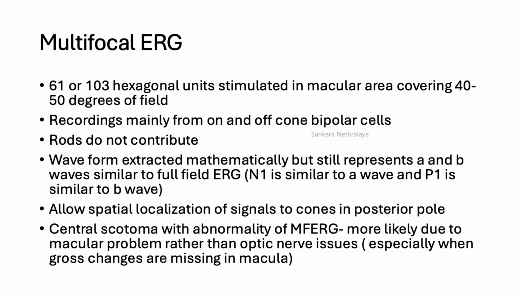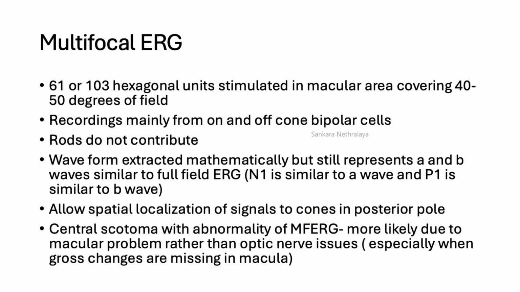And the waveform is extracted mathematically, but studies have shown that although some people think those waves are just graphs which don't make any sense except the amplitude, actually they believe that the waves are a replica of the A wave and B wave of a bright flash ERG. Okay, although they are actually extracted mathematically.